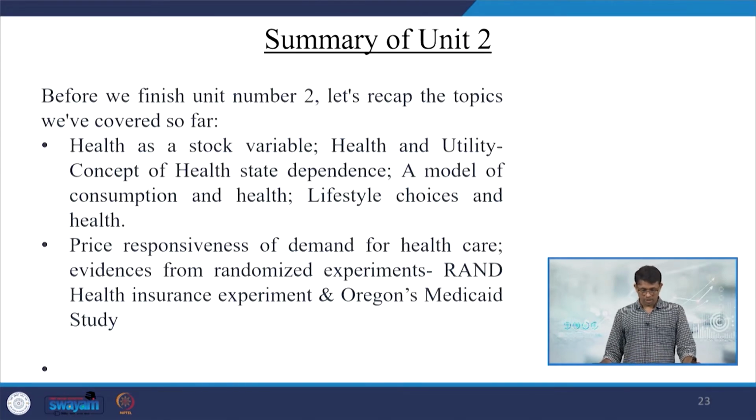Now we also need to explain what we have done in the entire unit number 2. Before we finish unit number 2, let us have a complete summarization. We discussed health as a stock variable in our chapter on health and utility.